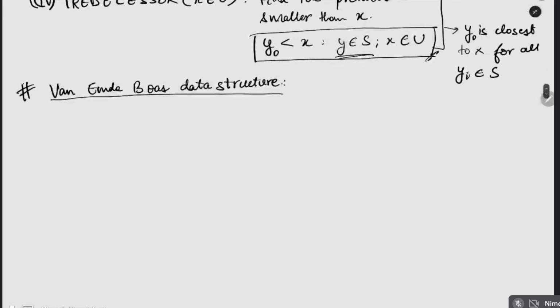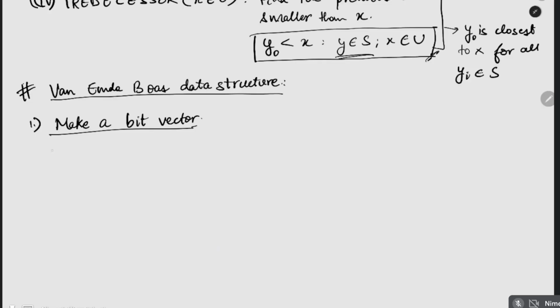So primarily what we do in this van Emde Boas data structure: the first step to creating a van Emde Boas data structure is to basically make a bit vector. And what does the bit vector do?